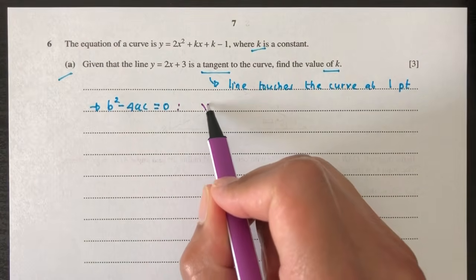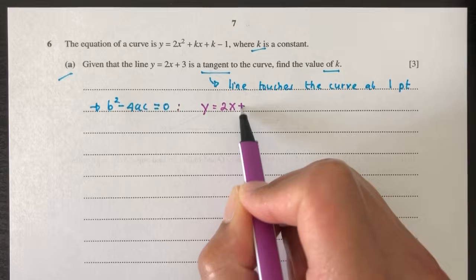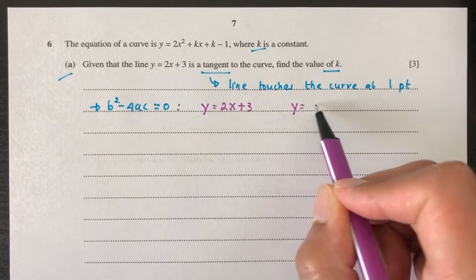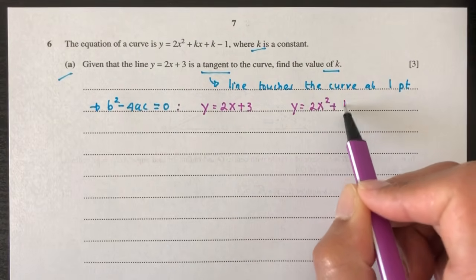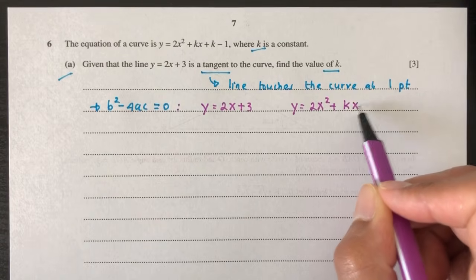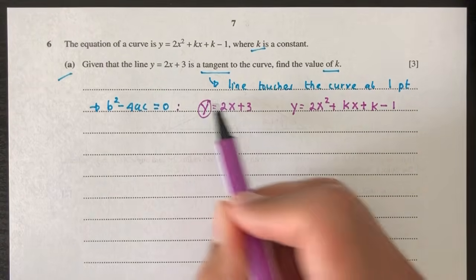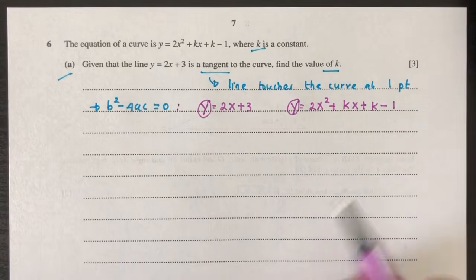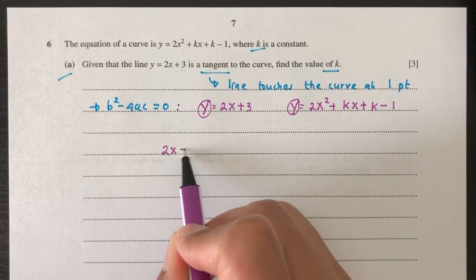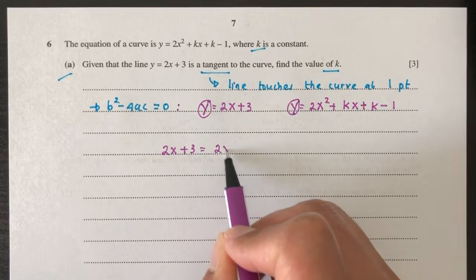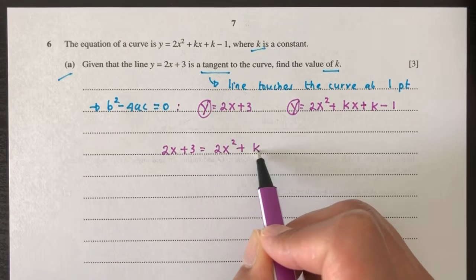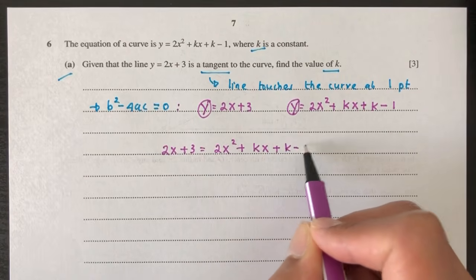So we have two equations, y equal to 2x plus 3, and we have y equal to 2x squared plus kx plus k minus 1. So here we have y, here we have y, we can solve simultaneously. You'll have 2x plus 3 equal to 2x squared plus kx plus k minus 1.